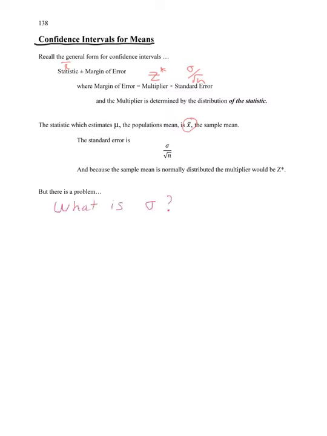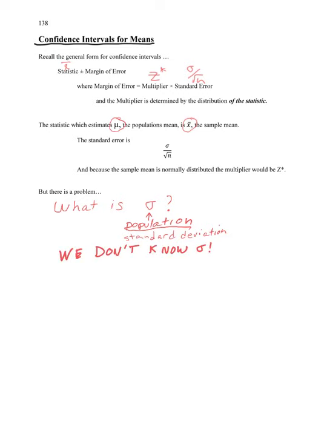What is sigma? It's the standard deviation, but what kind of standard deviation? It's the population standard deviation. So if we don't know mu, the true population mean, then how do we know sigma, the true population standard deviation?